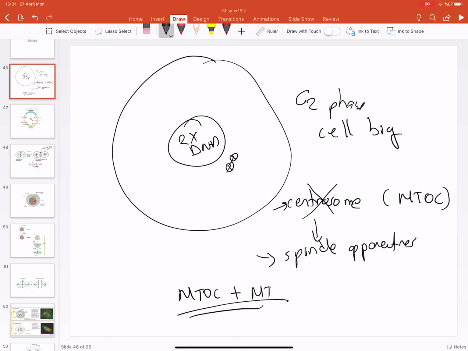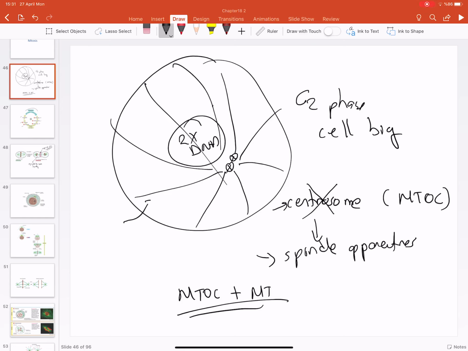But to create that, in the early prophase, all the microtubules in the cell undergo catastrophe. Okay? So these microtubules are depolymerized.